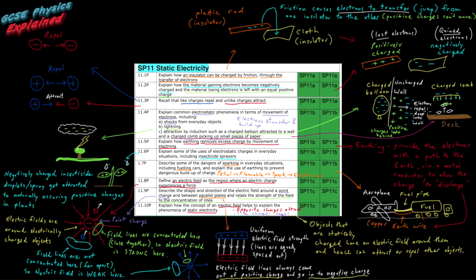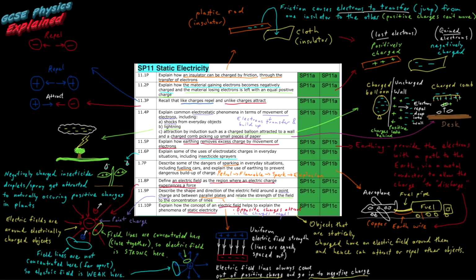So the electrons repel deeper into the wall. And that means that the positive charges get left behind at the face of the wall. So now the uncharged wall has gained an induced charge. And that's how the balloon sticks. Because remember, opposites attract.